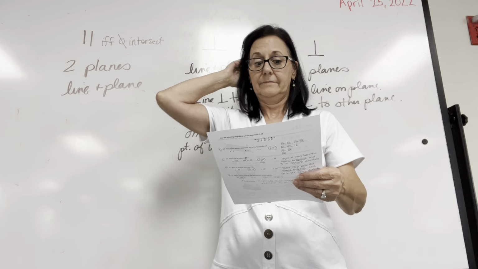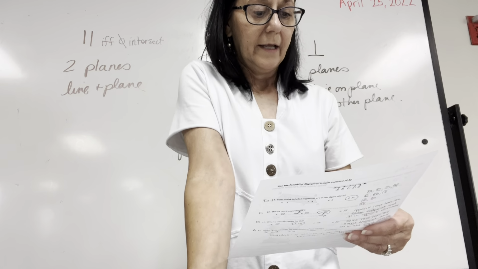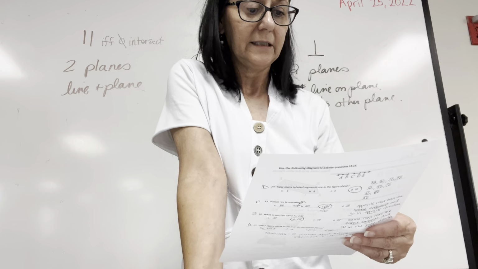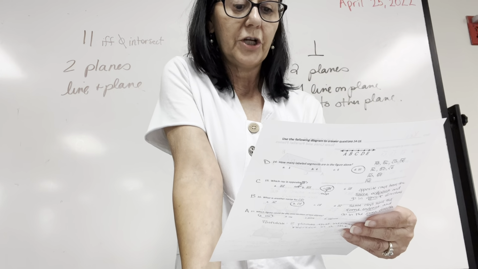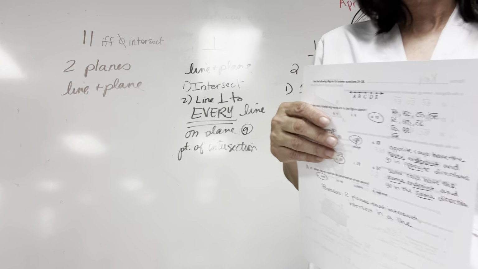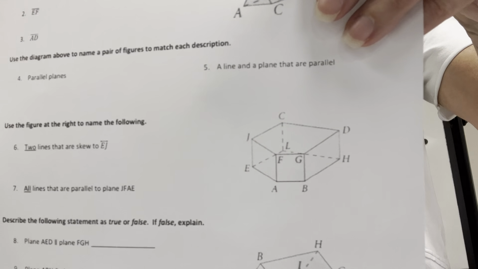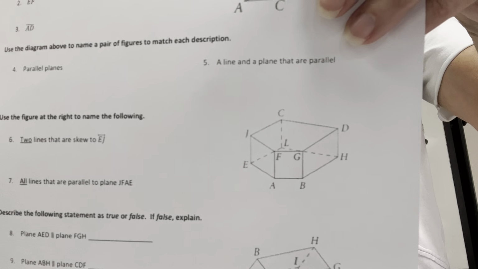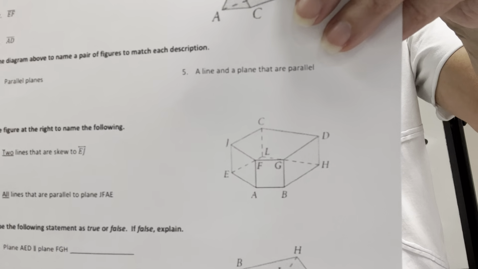Got it? All right, look at number 7. Name all the lines that are parallel to plane JFAE. Do y'all see plane JFAE? All right. Megan, what's a line parallel to the plane?